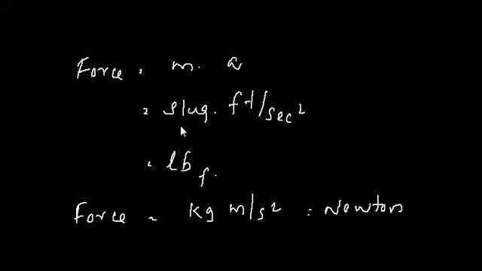So this is what I mentioned in the beginning of the video. If you know the relation between the 3 fundamental quantities and the 4th quantity, then you can switch between the unit systems very easily. The length, time and mass are used to derive force.